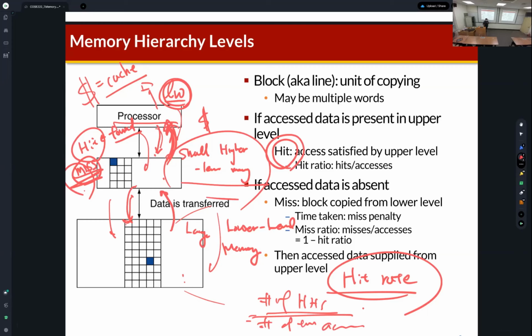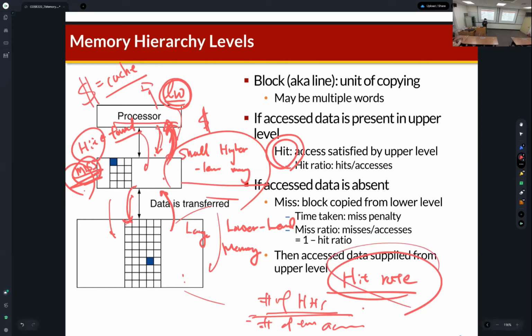That is the definition of hit rate. Okay. So when we design the memory hierarchy, we need to increase the hit rate.